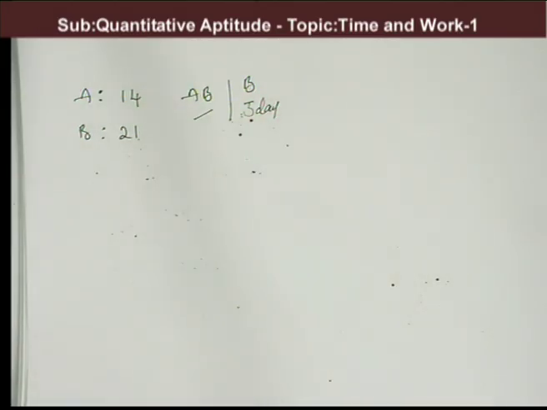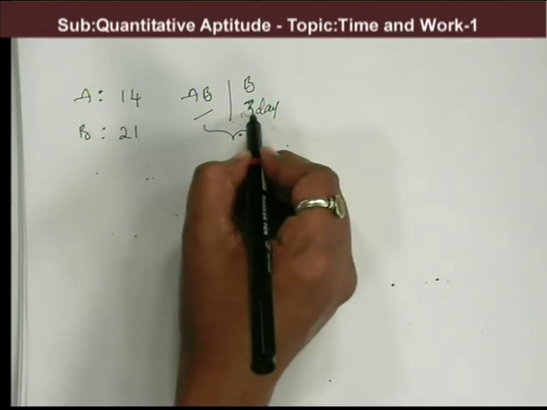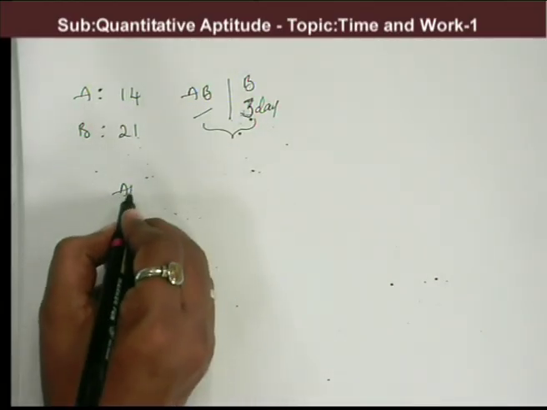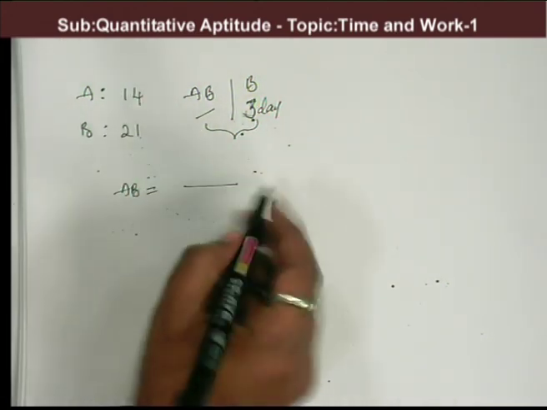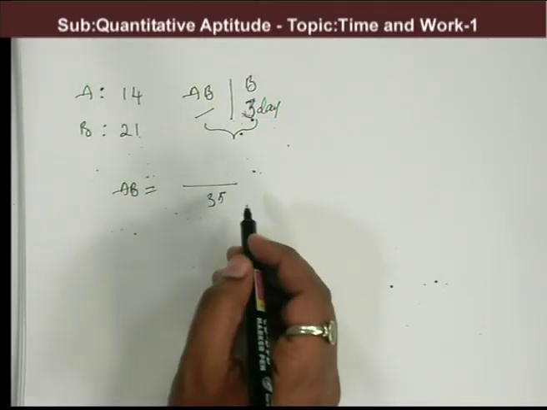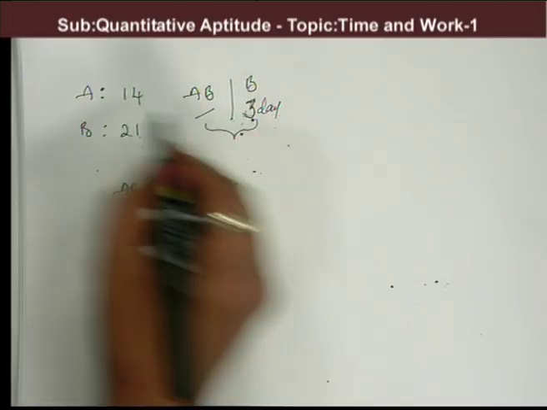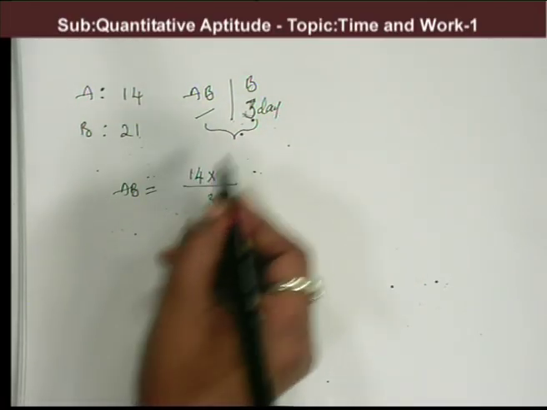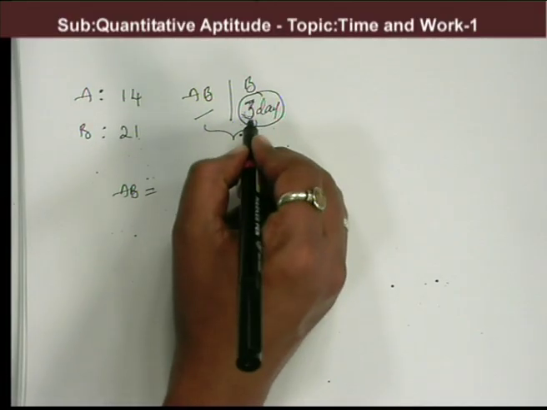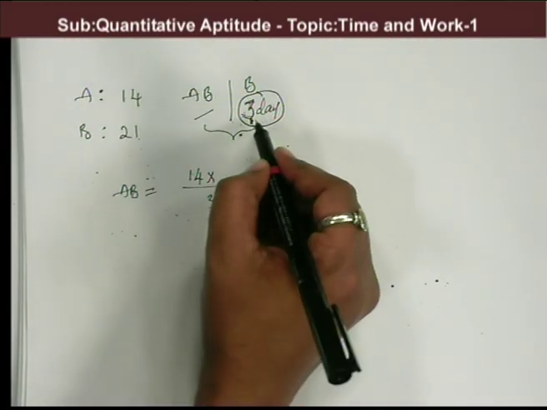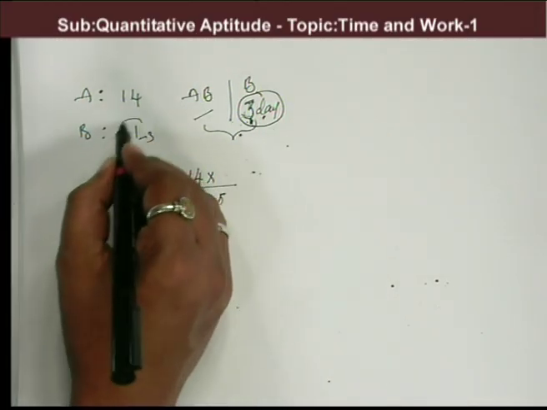AB for how many days? We do not know. The work is completed by the both, working days 3 and this AB. So, you have to find out the AB. As in the before question, AB together, that means 14 into 18 by 35, A already left. So, A does not work alone. So, A's value is 14. B only does the work alone, how many days? 3 days. Whoever does the work alone, the alone days are removed from this A or B value.